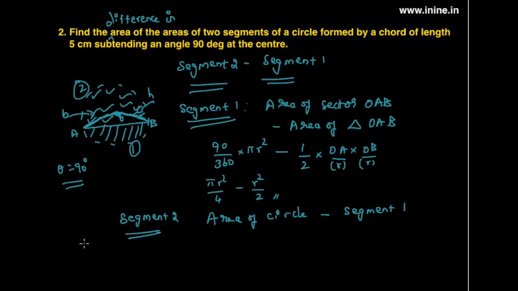So therefore segment 2 minus segment 1 is equal to area of circle minus segment 1 area, this is the area of segment 2 minus segment 1. So substitute the value of segment 1 here and solve this.